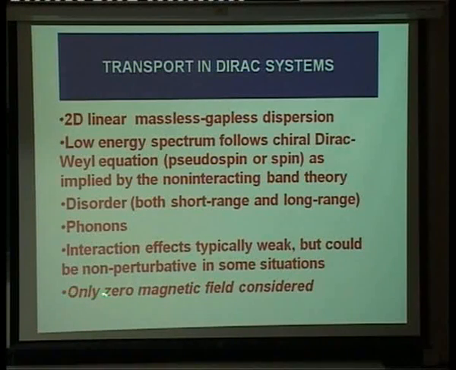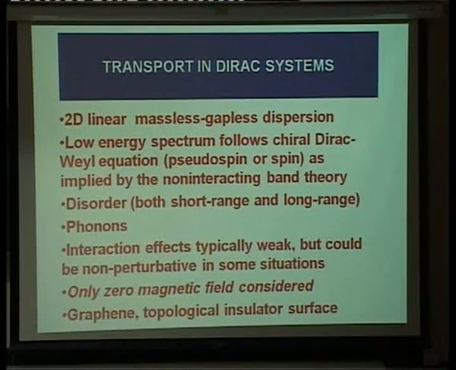I want to emphasize, because many of you work on topological insulators or graphene, I'm only talking about zero magnetic field physics. So some of the very interesting aspects of topological insulators, where you talk about the magnetoelectric effect, because spin is the relevant variable there, are not here. I mean, my view is that we must understand zero field transport very well before we can talk about other more complicated things, and that's what I'll do.